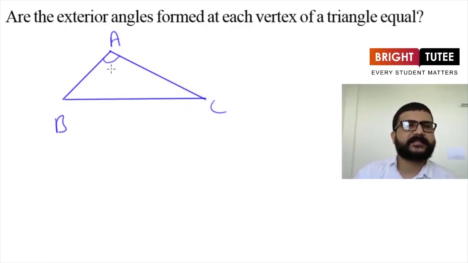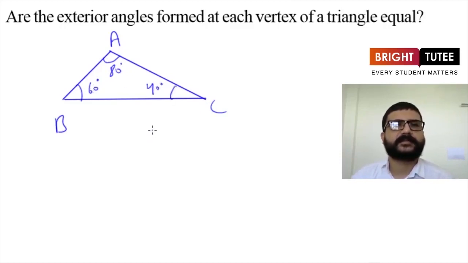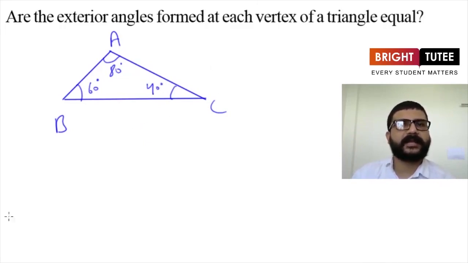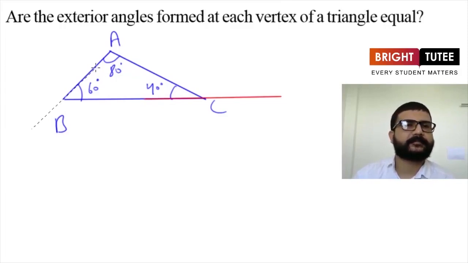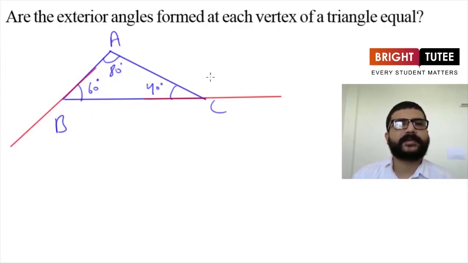And let's say this angle is 80 degrees, this one is 60 degrees, and this one is 40 degrees. Now let's try to find two exterior angles. For that, first we have to form two exterior angles. Let's form one exterior angle at C and the second one at B. So now we got two exterior angles, one is this one and the second one is this angle.